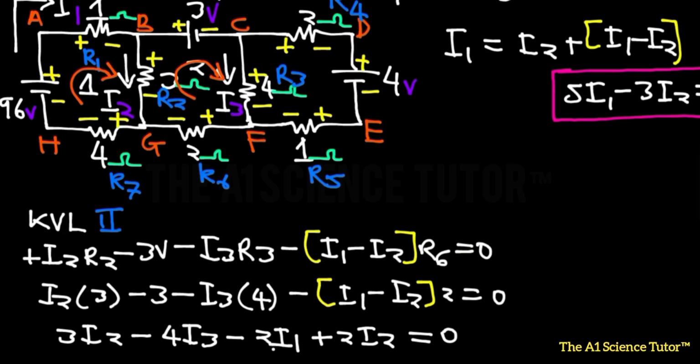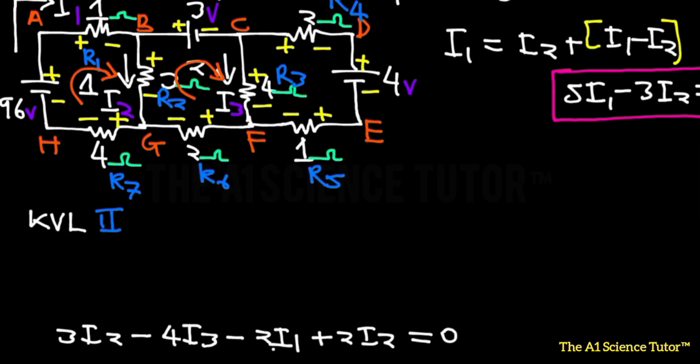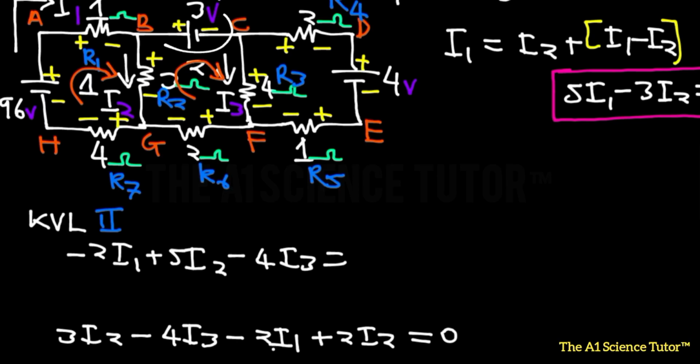So right now we're going to say that we have minus 2 I1, plus 5 I2, and here we're going to have a negative 4 I3. This will be equal to 3. Remember, there was actually a 3 that was a negative, this one here.